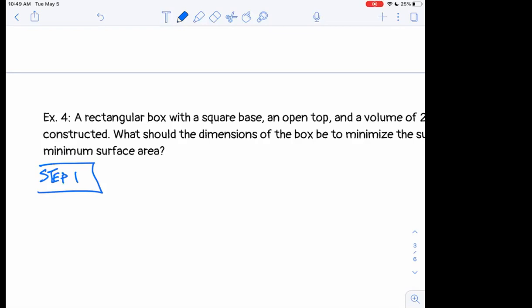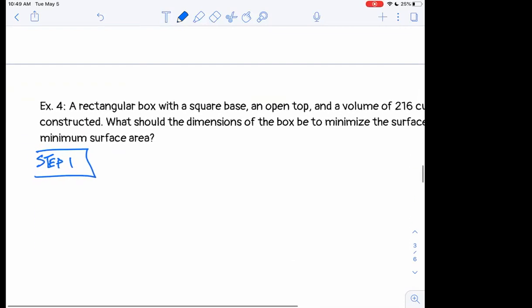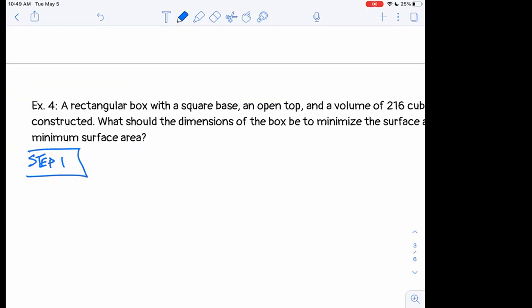That's kind of what they mean by a rectangular box with a square base. But kind of like the last problem, there is no top to this box. So how many sides does this box have? 5. Yes, it has 5.